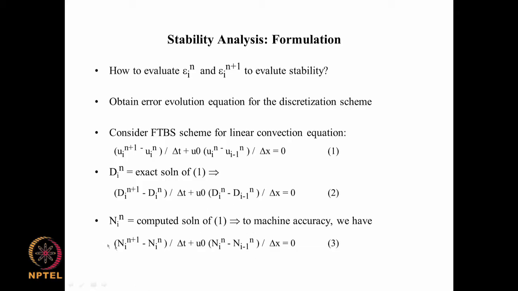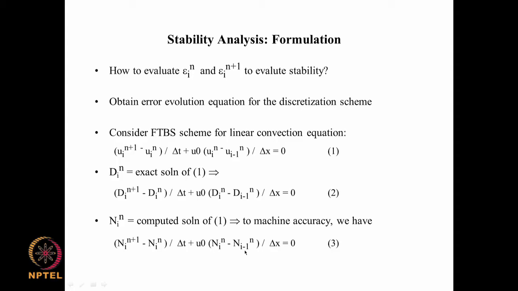Okay. So, the difference between equation 2 and equation 3 is that D is the exact solution and this is the exact solution plus an error, but the error is not random error, it is the built up error, built up from previous time at n time step and also neighboring space points. Okay.